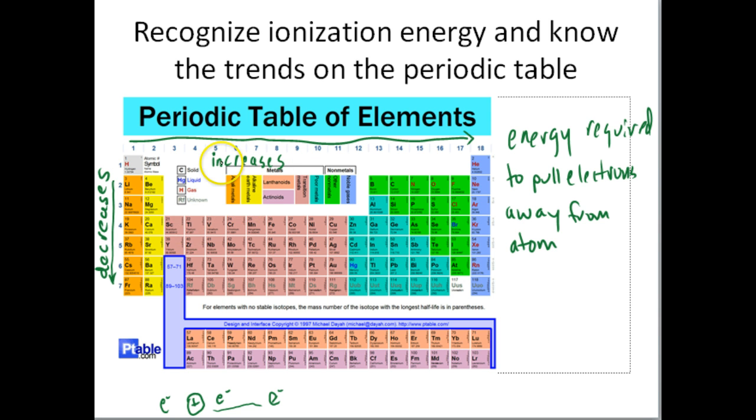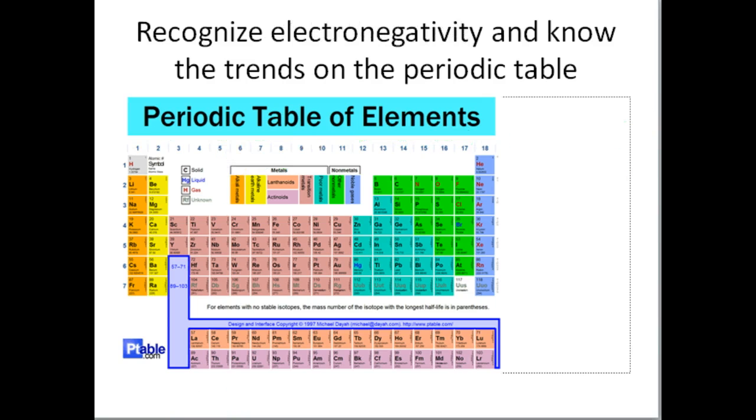All right, and the next trend we're going to look at on here is electronegativity. Electronegativity is kind of the inverse of ionization energy. Electronegativity says how strongly one atom can pull or attract electrons.